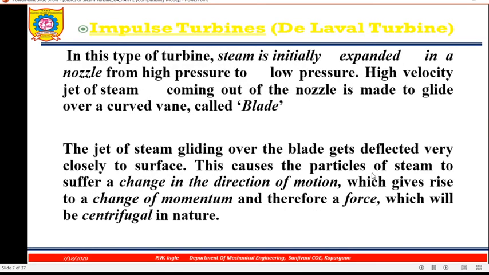Again I am reading the working. In this type of turbine, steam is initially expanded in a nozzle from high pressure to low pressure. The high velocity jet of steam coming out of the nozzle is made to glide over the curved vane known as blade. The jet of steam gliding over the blade gets deflected very close to the surface, and this causes the particles of steam to suffer a change in direction of motion, which gives rise to change of momentum, and then we get a force which is centrifugal in nature.